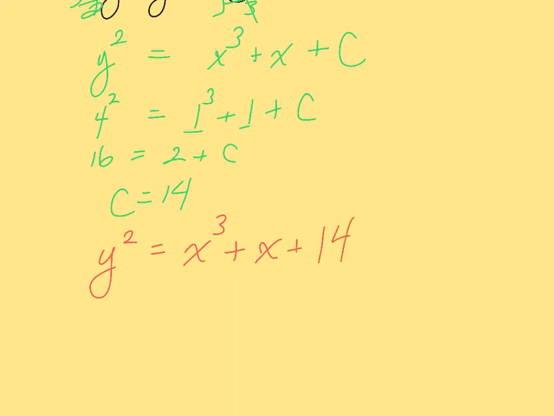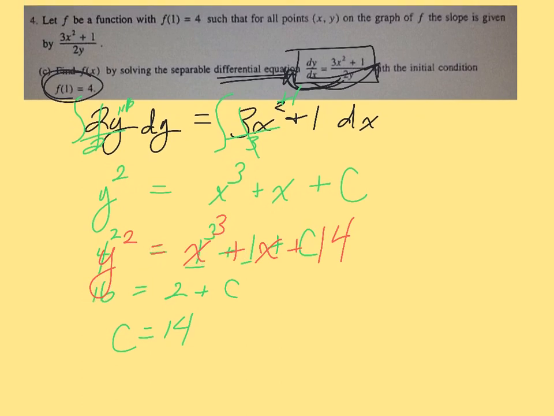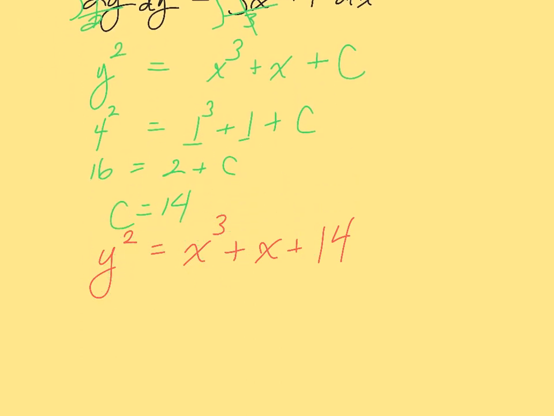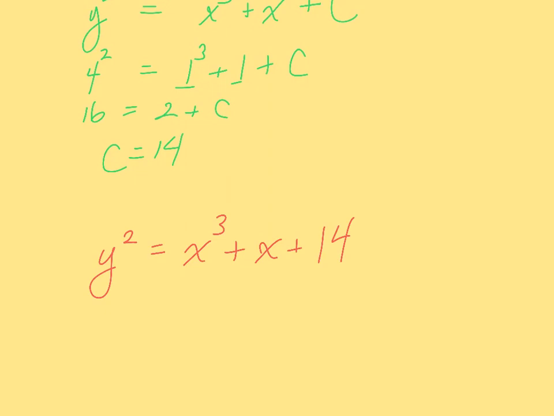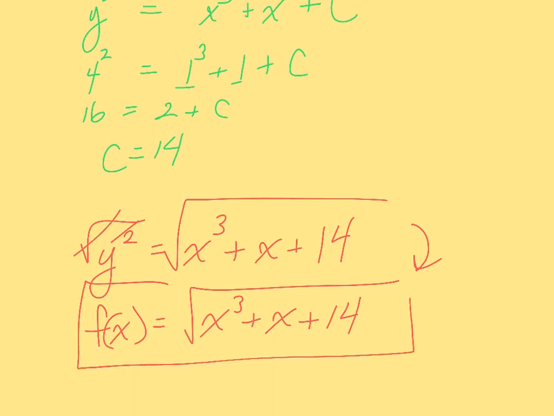Now the question said find f of x. Well, right now we have y squared, or f of x squared, so I'm going to just take the square root of both sides, and instead of y I'm putting f of x is then the square root of x cubed plus x plus 14. So make sure we take it to that next step and actually have it solved for f of x.